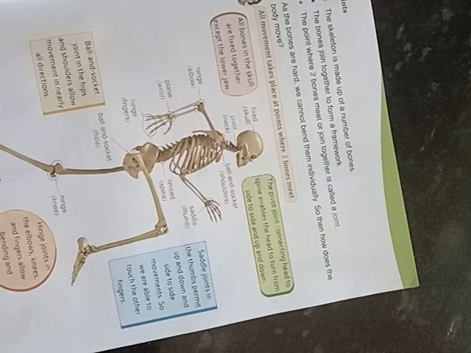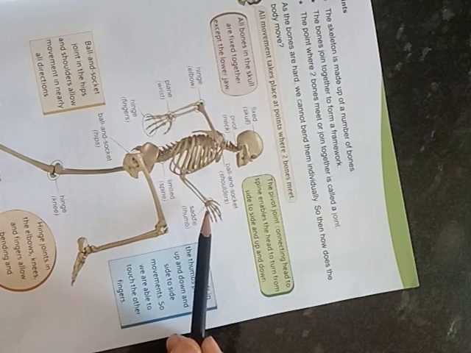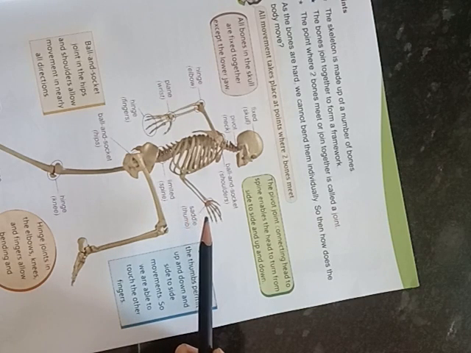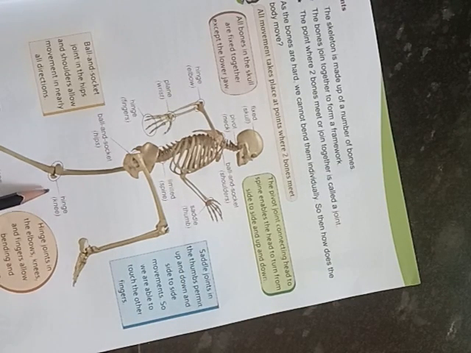Next, saddle joints in the thumbs permit up and down and side to side movements, so we are able to touch the other fingers. Next, hinge joints in the elbows, knees and fingers allow bending and straightening. Next, plane joints in the ankles and wrist permit small gliding movements.